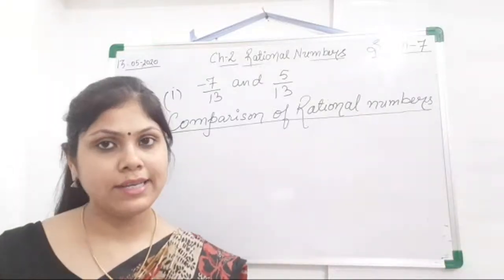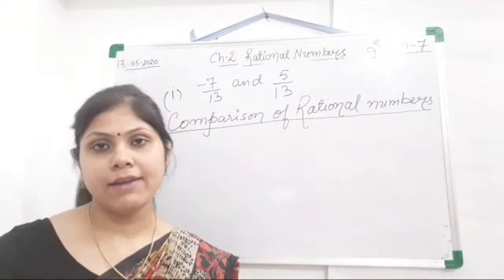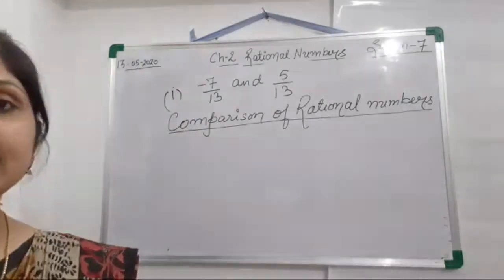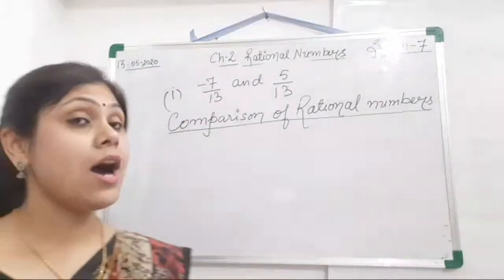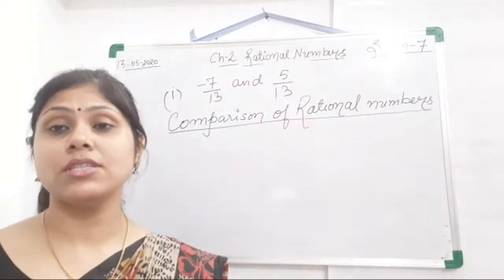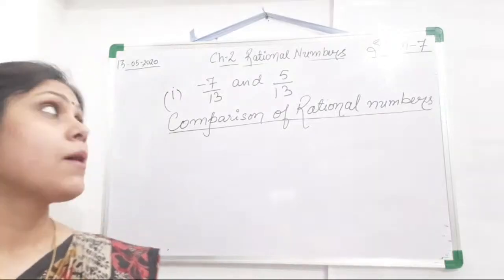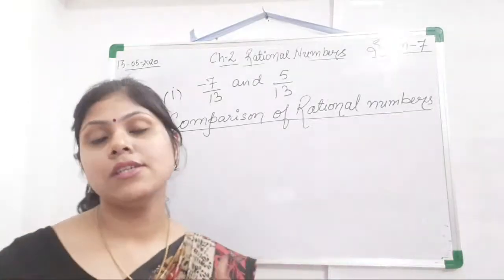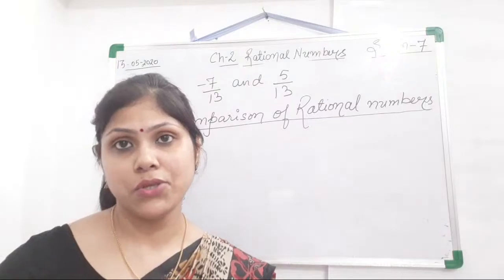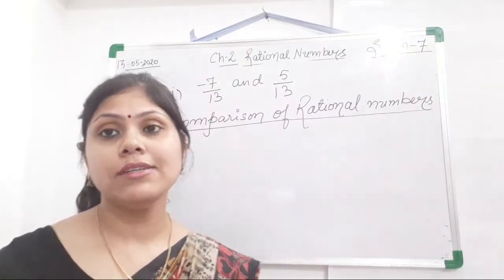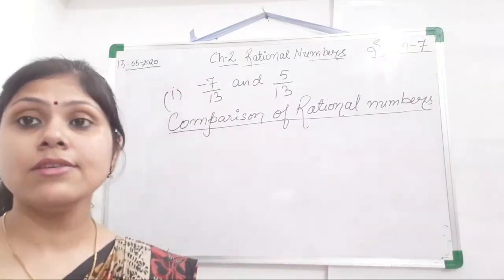We have already studied integers, and we know that all negative integers are less than positive integers. We have read there that every negative integer is always less than 0, and all positive integers are greater than 0.